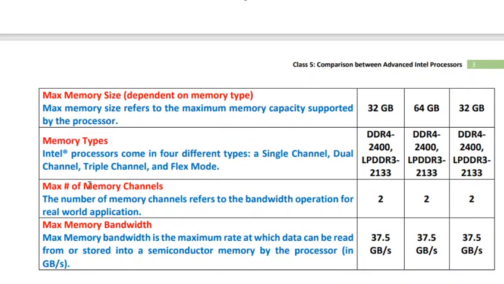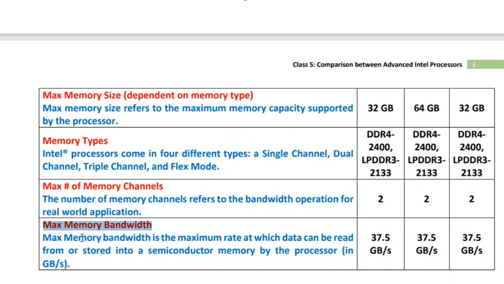Then we have max number of memory channels. Then eventually we have max memory bandwidth. So these are the 13 parameters across which these three processors are being compared.